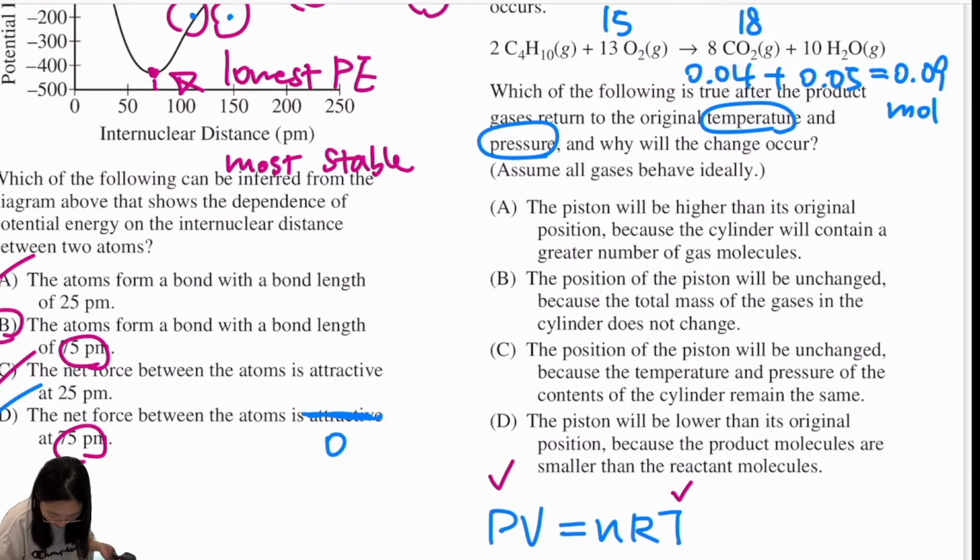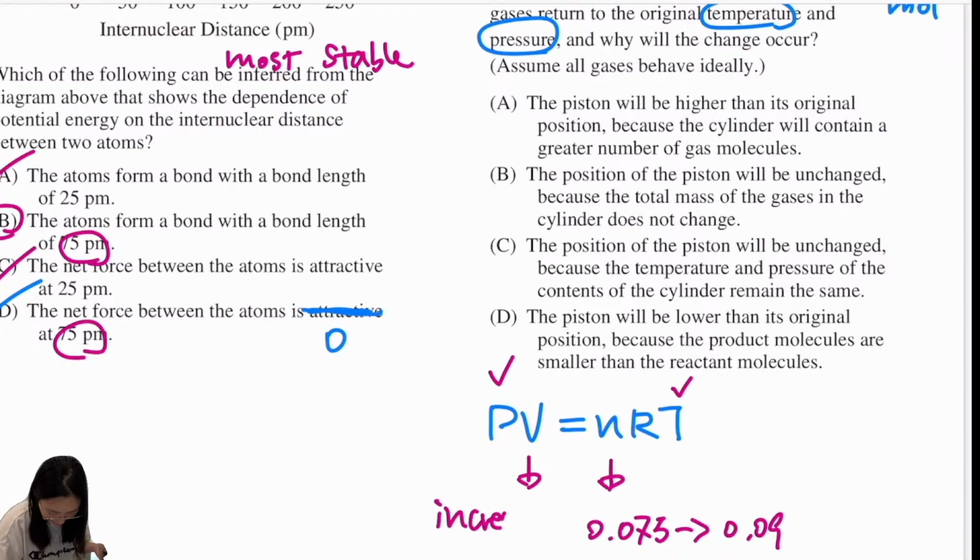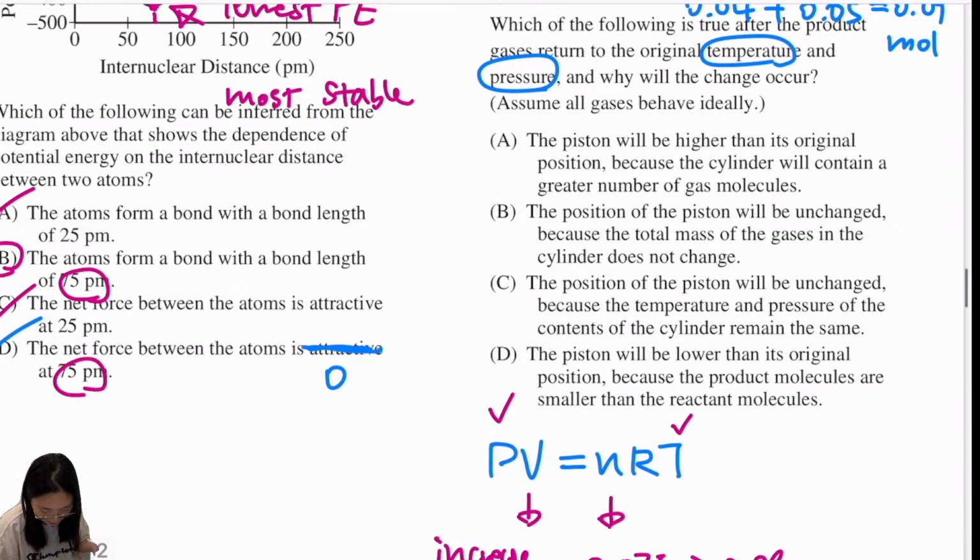The number of moles of the gases has increased from 0.075 moles to 0.09 moles, which means the volume should also increase by that much. So the piston will be higher than its original position, so not B, and not unchanged, and not lower. So the answer is A.